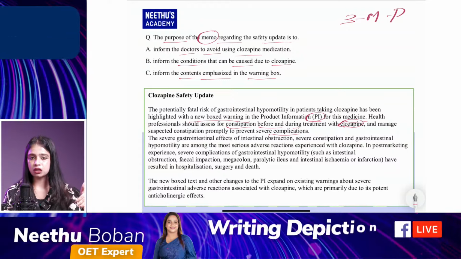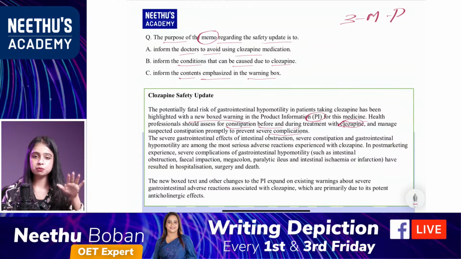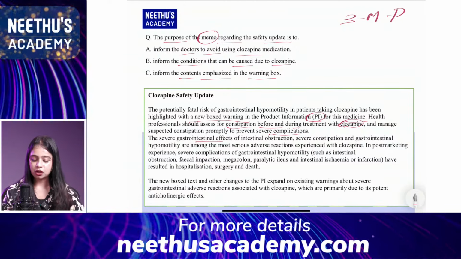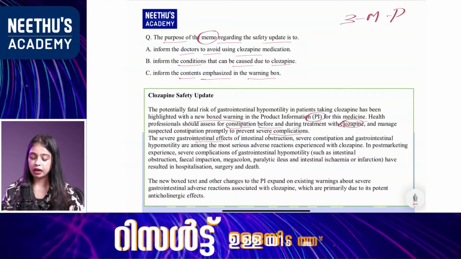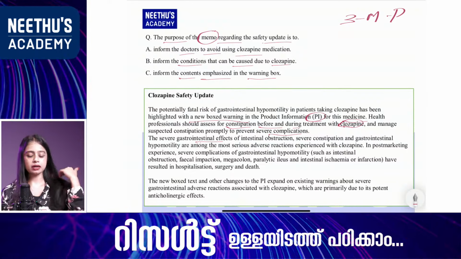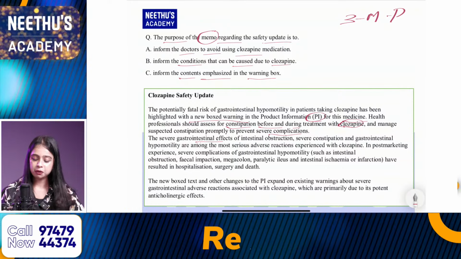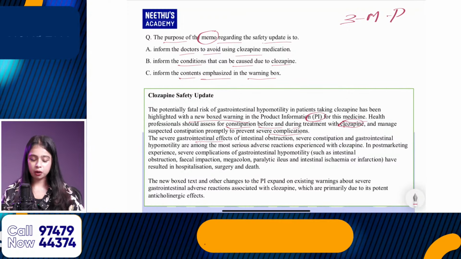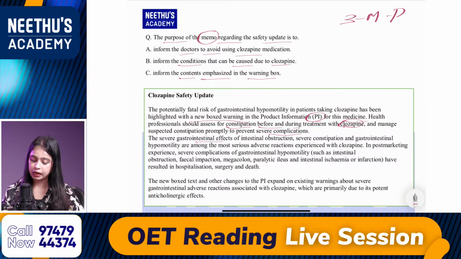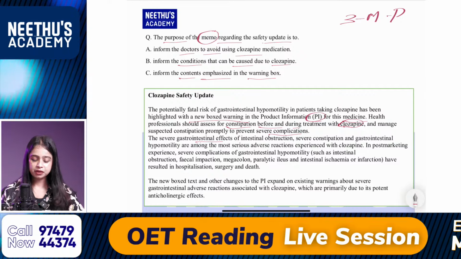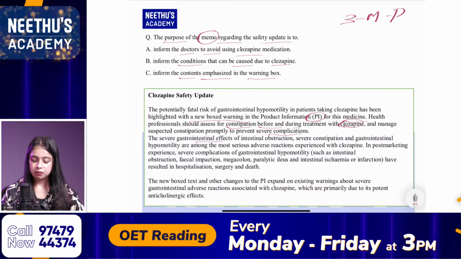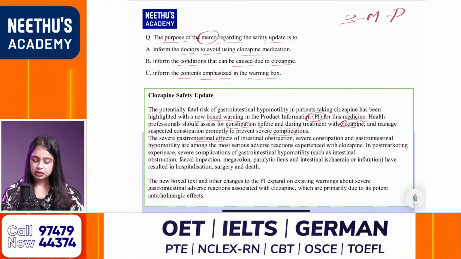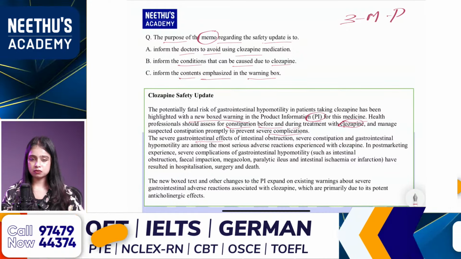So to prevent this condition, we should follow whatever is mentioned inside this new boxed warning. Clear? Then, the severe gastrointestinal effects of intestinal obstruction, severe constipation and gastrointestinal hypomotility are among the most serious adverse reactions experienced with this medicine, I mean clozapine. In post-marketing experience, severe complications of gastrointestinal hypomotility such as intestinal obstruction, fecal impaction, megacolon, paralytic ileus and intestinal ischemia or infarction have resulted in hospitalization, surgery and death.